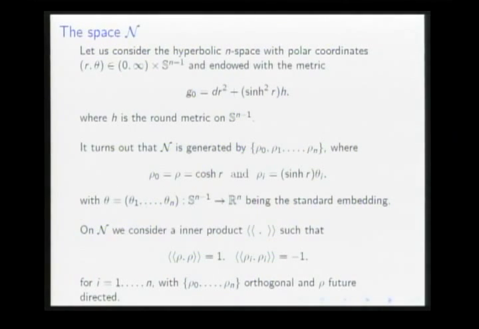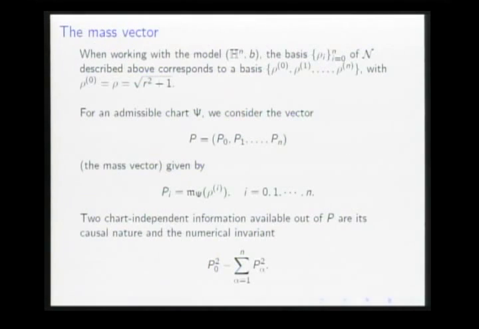So we define this semi-Riemannian inner product on this space. If you are on that other model that I introduced before, rho is going to be given by this expression.